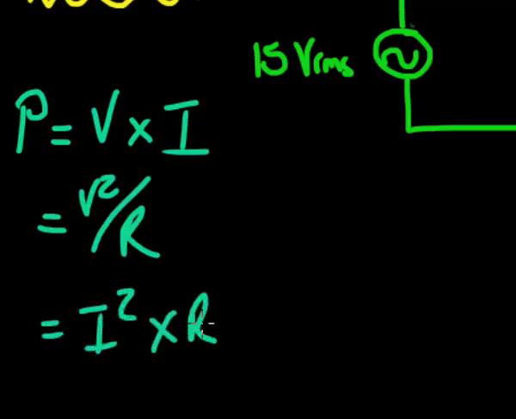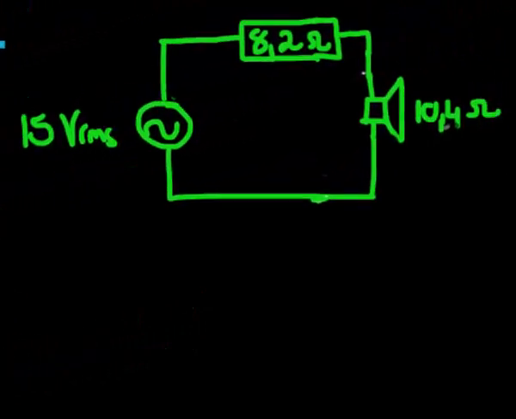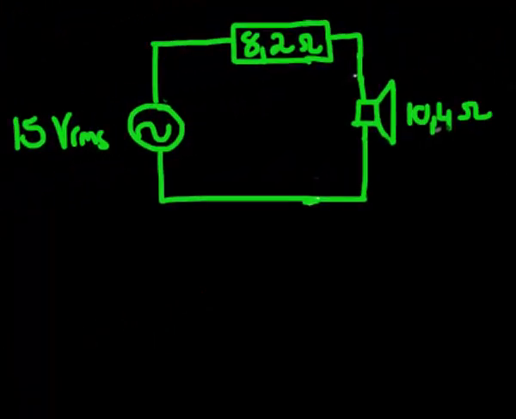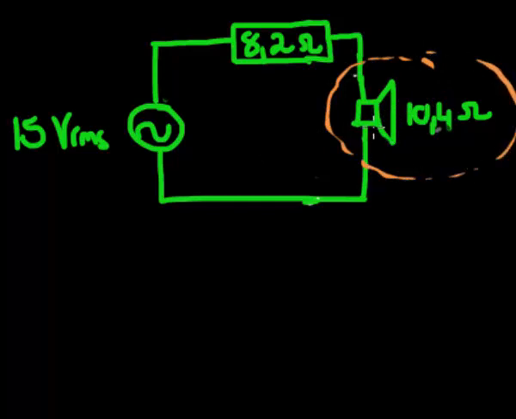Note again that in all cases it must still be the Vrms and the Irms. Now, should we want to calculate the power over the speaker, we need to make use of all the values that are applicable only to the speaker.